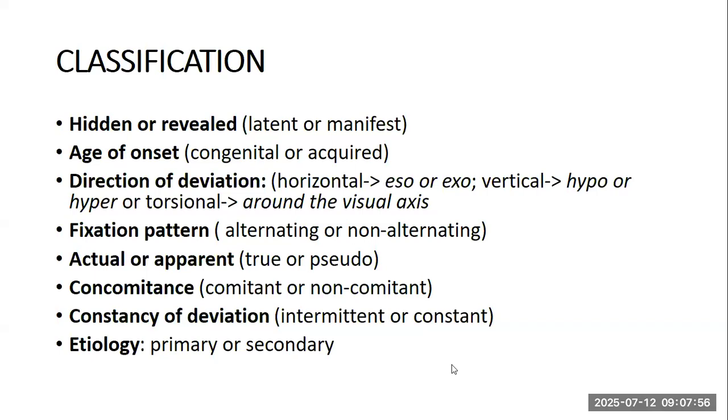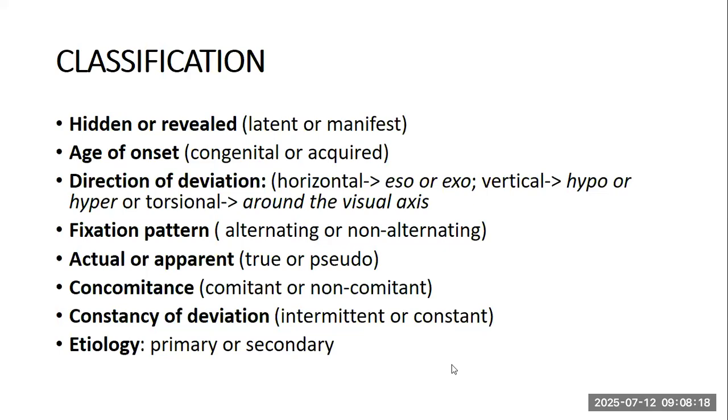pattern of fixation. Is the patient fixating with just one eye or does it alternate between the two eyes? Is it actual or apparent? Does this child actually have a strabismus or is it an apparent strabismus, something that looks like a strabismus but actually isn't?